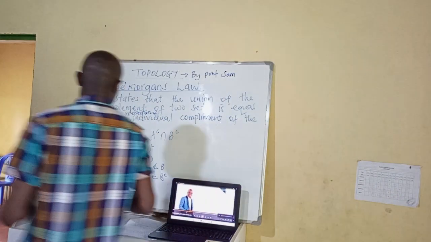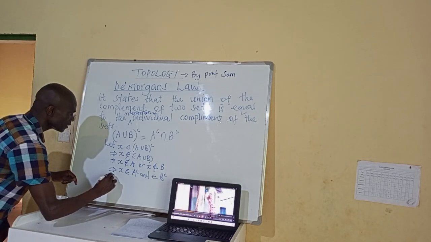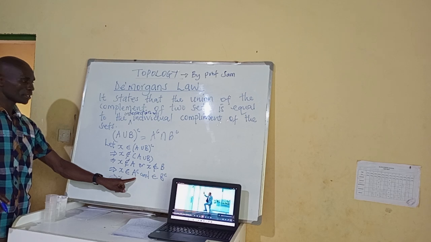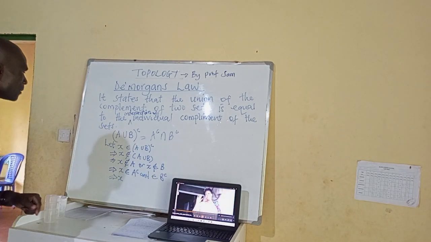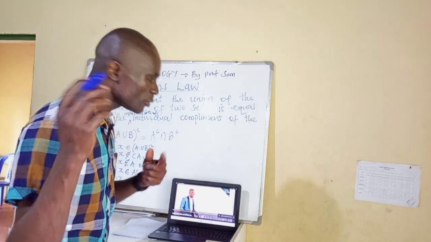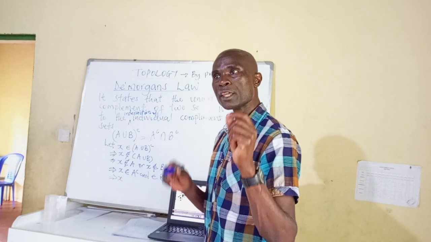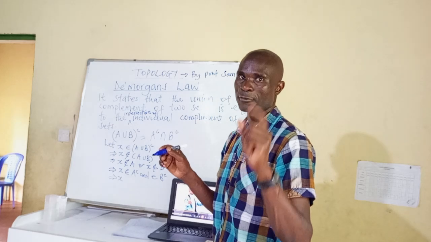Now, if x is an element of A complement and an element of B complement, remember we said earlier that anytime we use and, what do we do? Can you guess? We get an intersection sign for and.